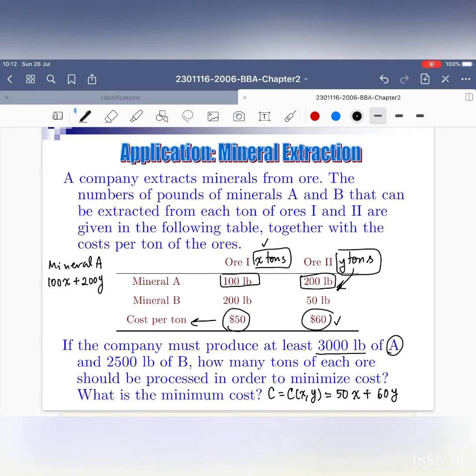So 100x plus 200y must be greater than or equal to 3,000, because you need at least 3,000.